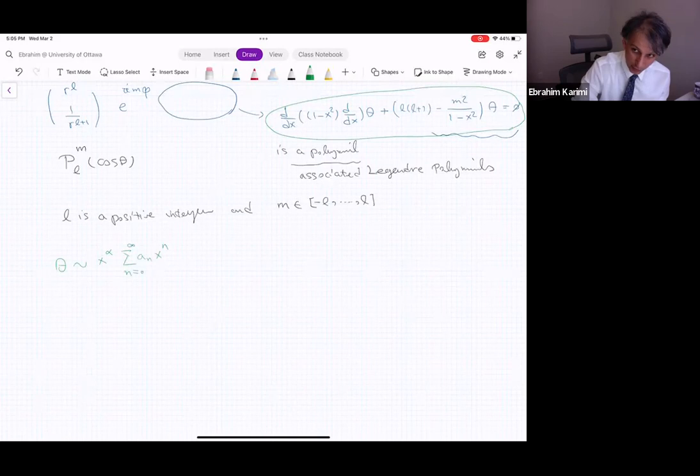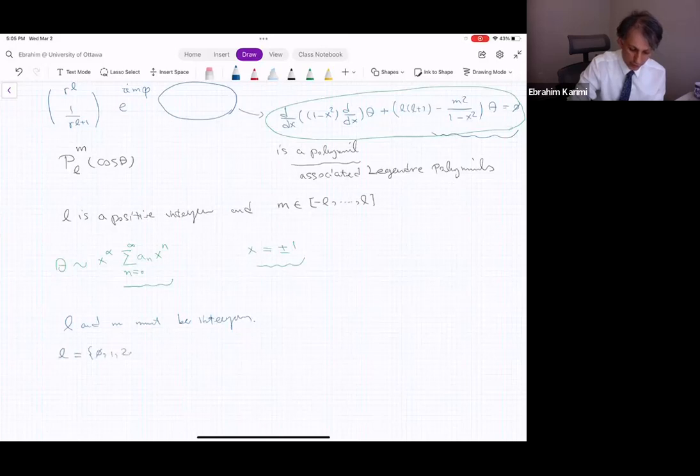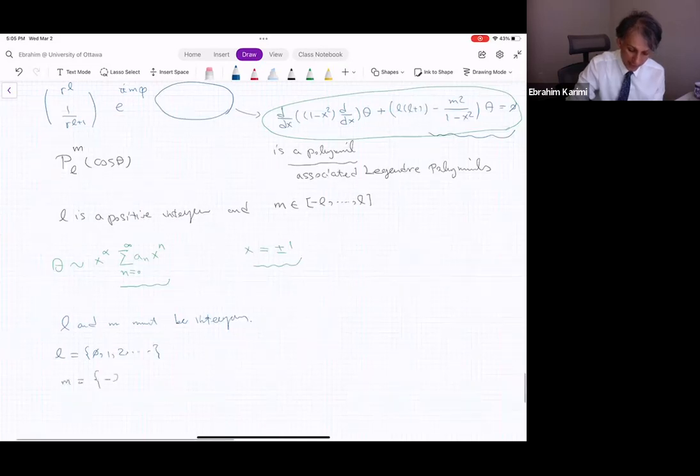We did the expansion around x equal to 0, and this series should be bounded for x equal to -1 as well. If we have this bound, then we have a condition on the series to be truncated. In order to have the series truncated, both L and m must be integers. L is changing from 0, 1, 2, and any values, but m is bounded by -L to L.